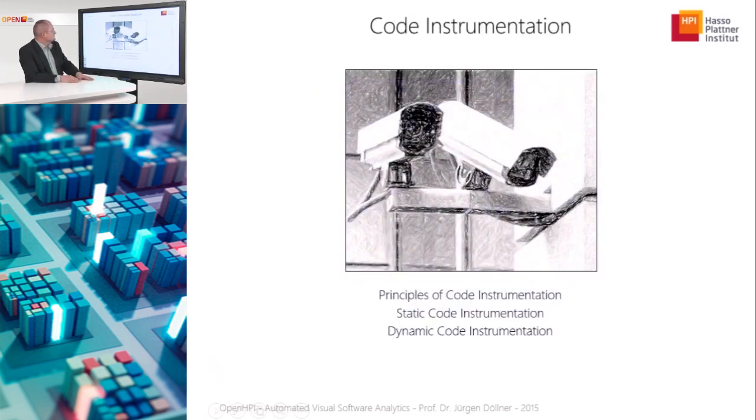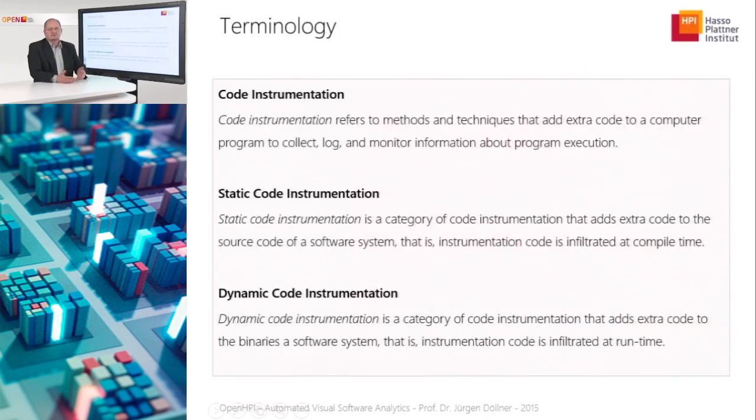So this completes this part about code instrumentation. We have introduced a number of terms here. Among them, code instrumentation refers to methods and techniques that add extra code to a computer program to collect, log, and monitor information about program execution. We also introduced static code instrumentation, a category of code instrumentation that adds extra code to the source code of a software system.